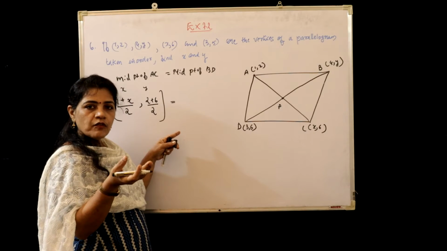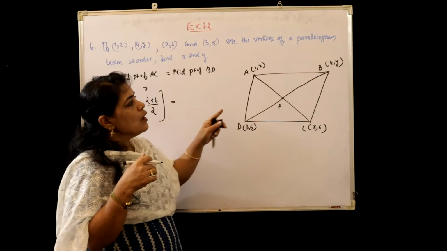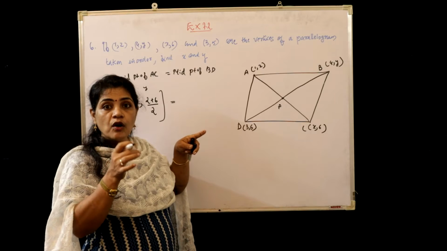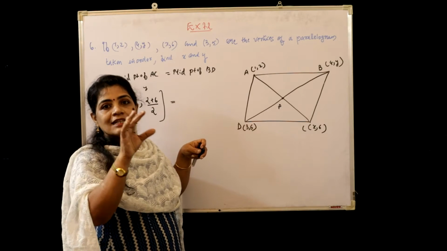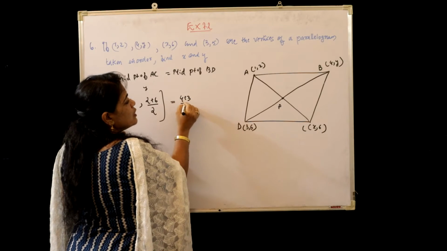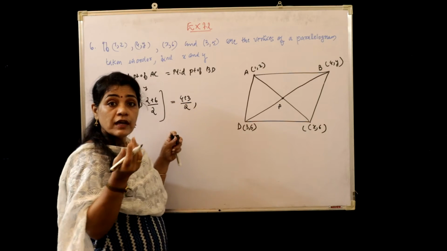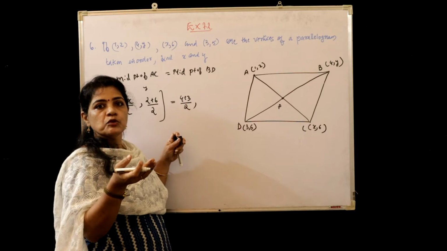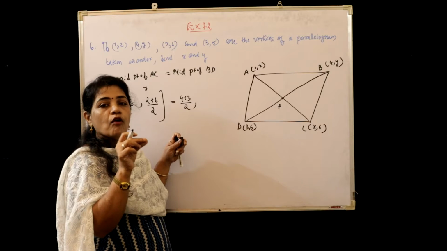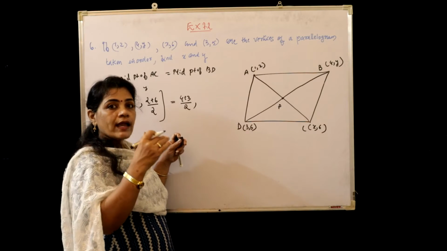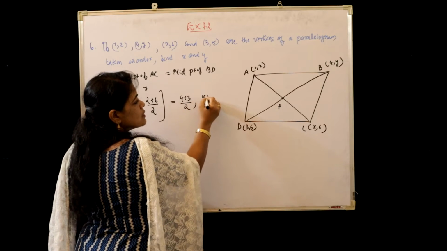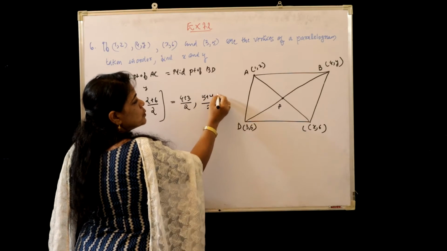How can that be found? Using the midpoint formula, that is 3 plus 4 by 2, the x coordinate of the midpoint of BD, that is 4 plus 3 by 2, and the y coordinate, y1 plus y2 by 2, that is the y coordinate of the midpoint P of BD, is 5 plus y by 2.